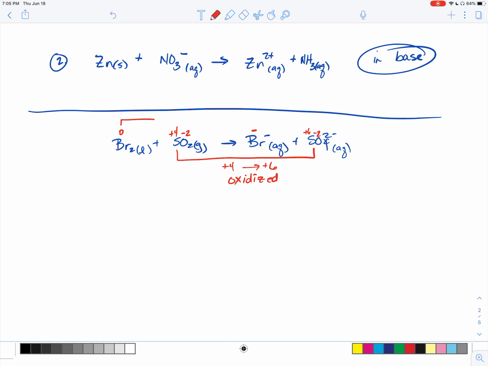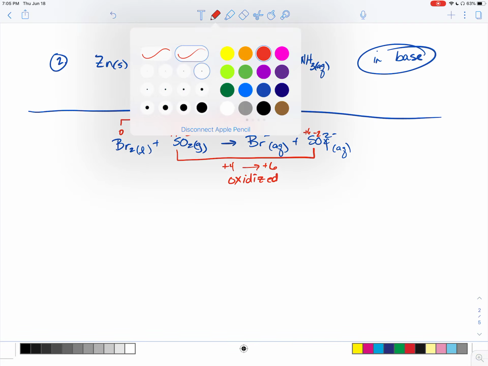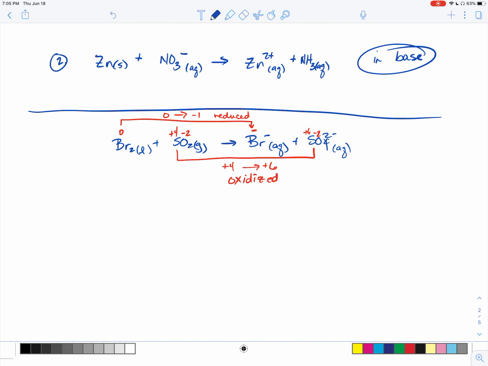And bromine goes from 0 to -1. That's reduced. So those will be the items that you use to make your half reactions. We're going to write down our half reactions, one on each side. We'll do the reduction side on the left and the oxidation side on the right.